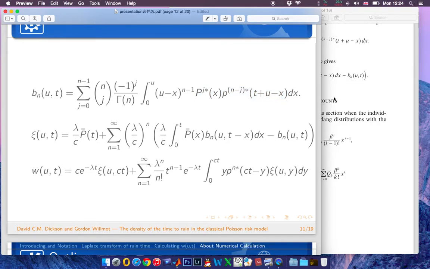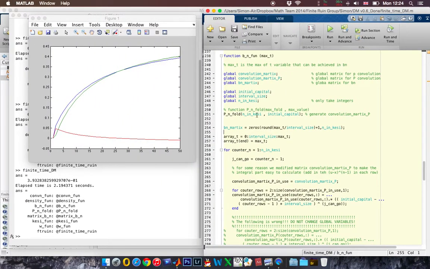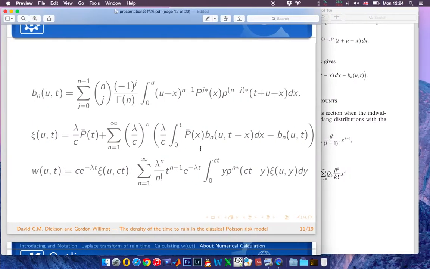Then multiply by the interval size, which is this dx here, and you get the value of your integral. Doing it this way, we are creating another global matrix, which is called the Bn matrix here. The Bn matrix stores all the values that we needed in the whole calculation.